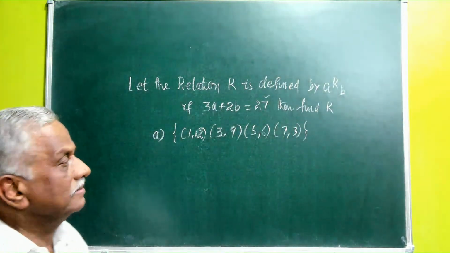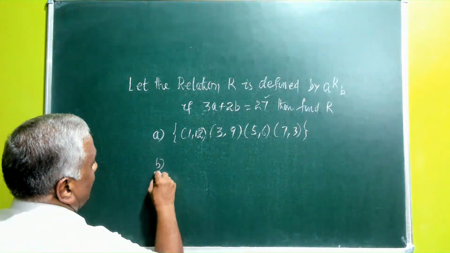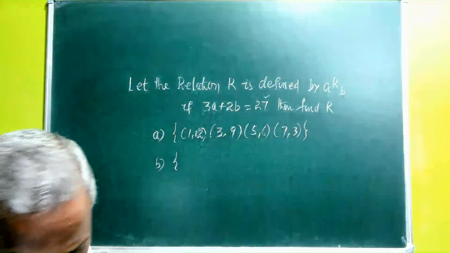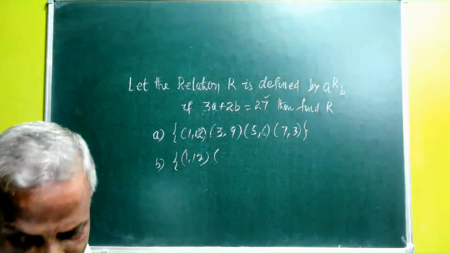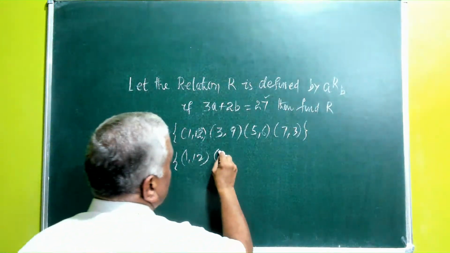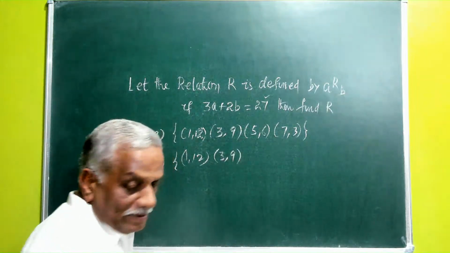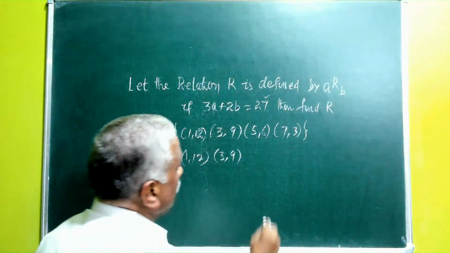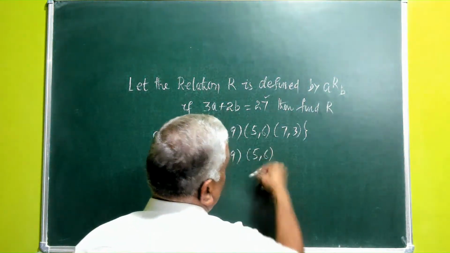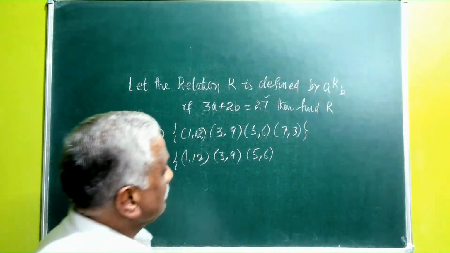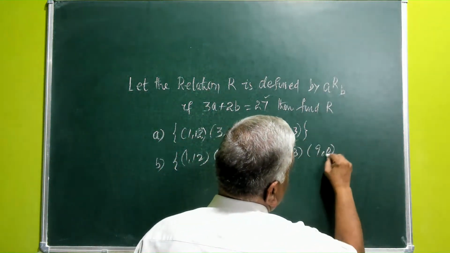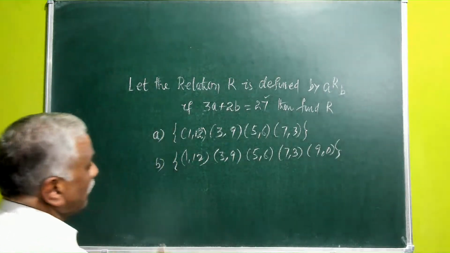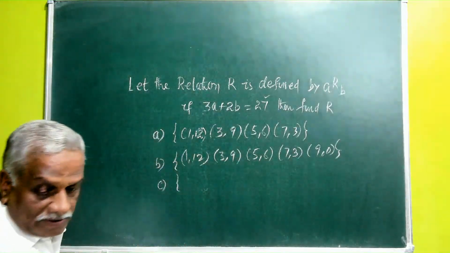So what you can do is, they would give one more answer. 1 comma 12. I'll write all the four answers for this problem just to give you some idea, so that I can give you an elimination method for this.